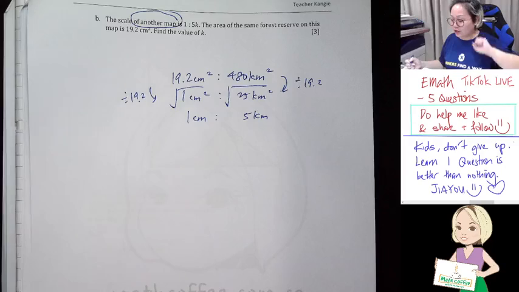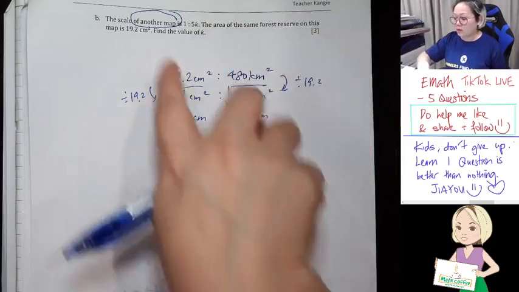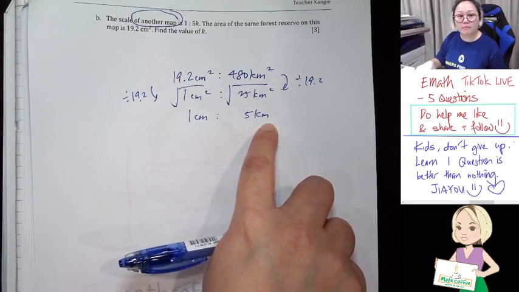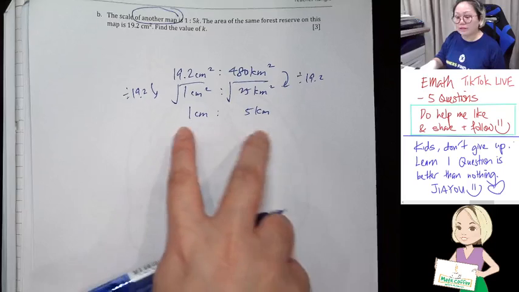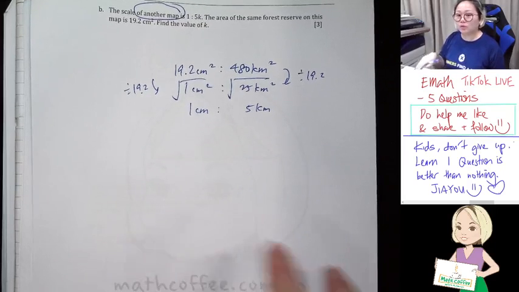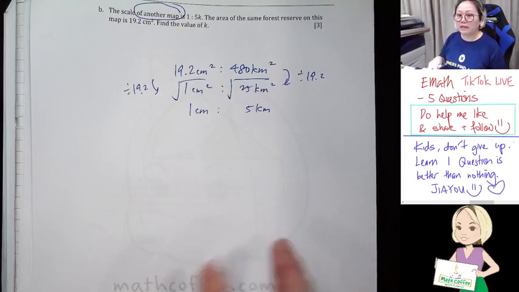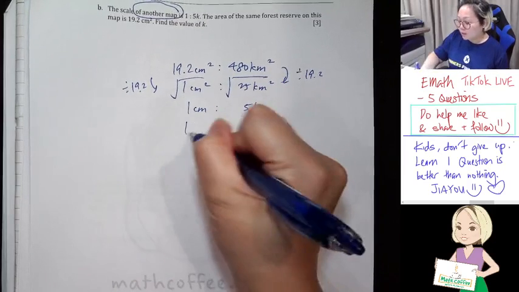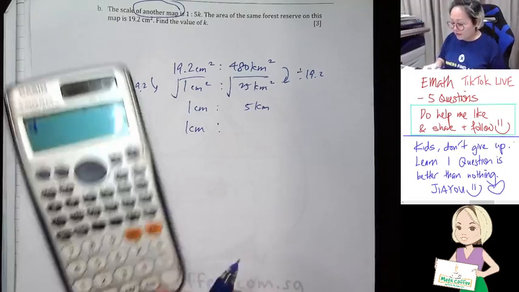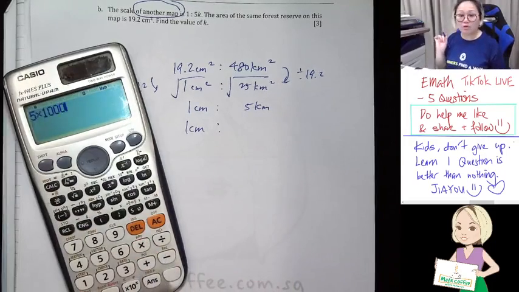But we are not done yet, because when you want to find the scale, by default, you need to change the right hand side to what? You cannot write 1 is to 5. By default, it must always be 1 is to something without the unit. So both must be cm. So it must be 1 cm. For the 5 km, I change to meter first, times 1000.